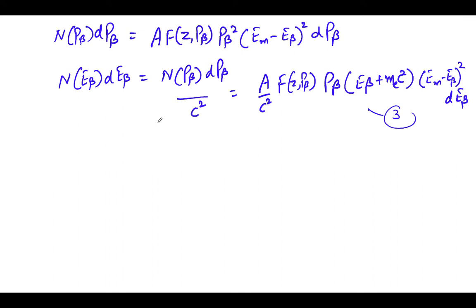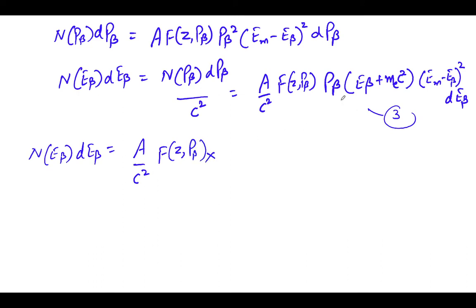So we can rewrite this equation as N(E_β) dE_β equals A over c² into F(Z, p_β).